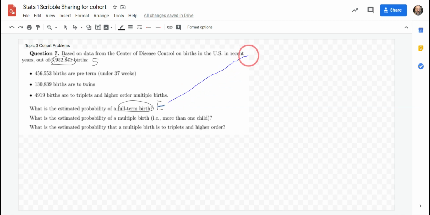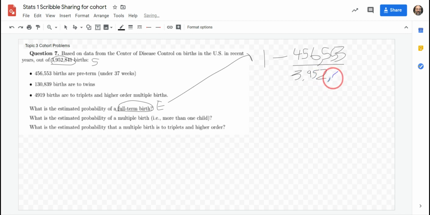So for the first one, we get the very simple answer of 1 minus 450,000 and something over 3,900,000 and something.